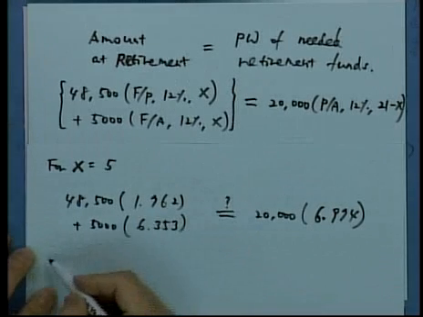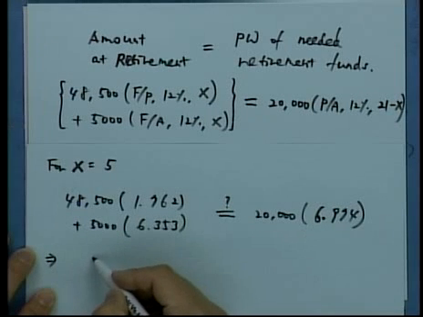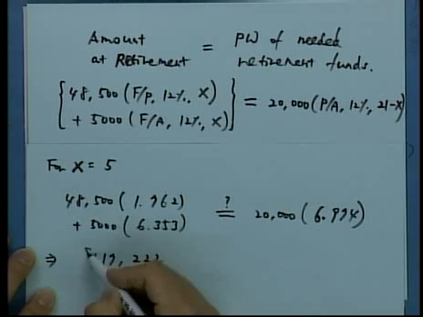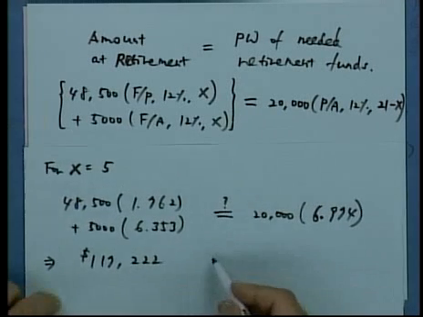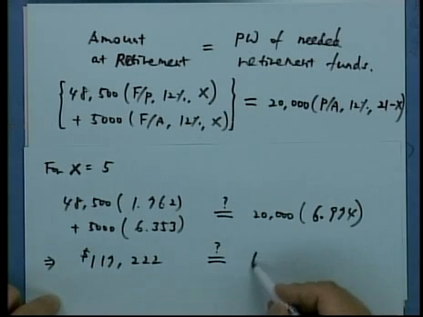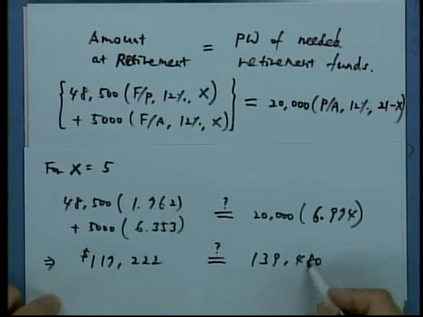So in that case, the left-hand side is $117,222, and the right-hand side becomes $139,480.